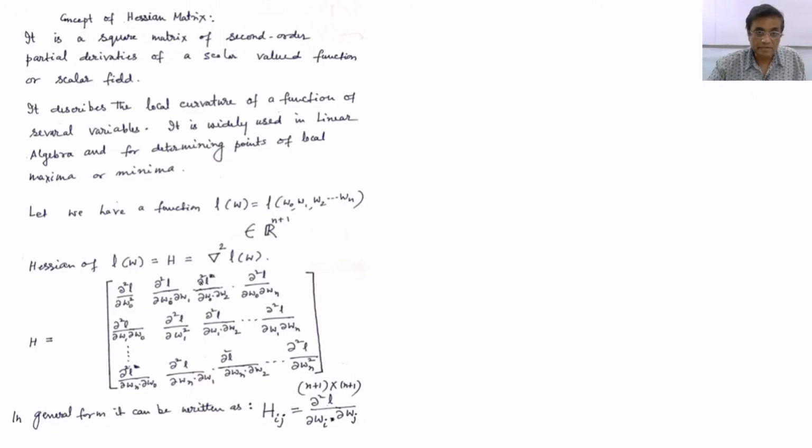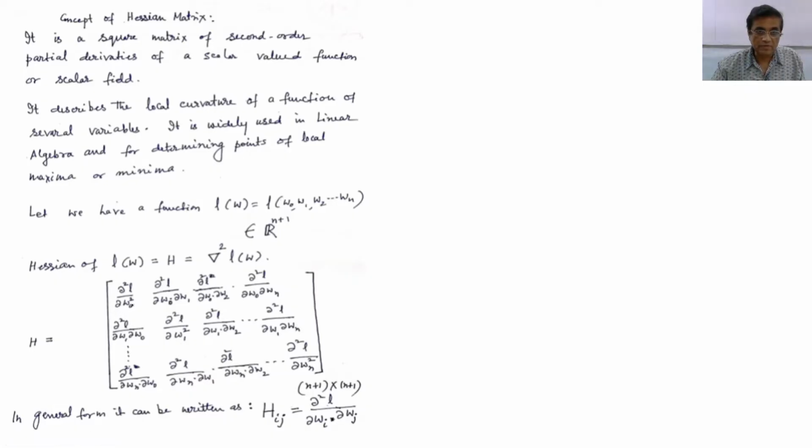You understand that, up to del square L, del W0 del Wn. Similarly, the second row will be with respect to W1: del square L, del W1 del W0, then del square L, del W1 square, and so on, just like earlier.